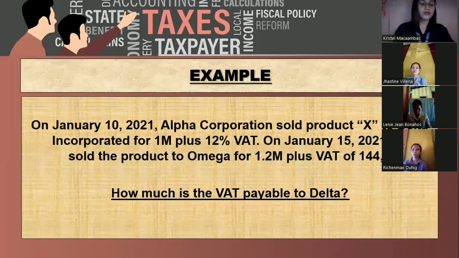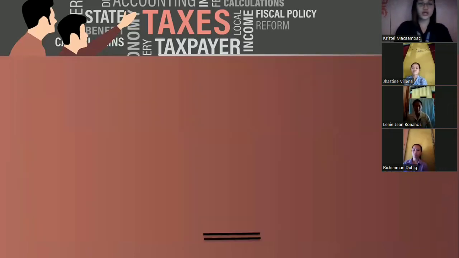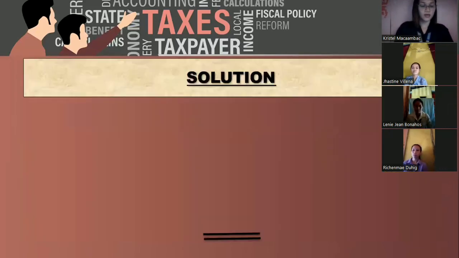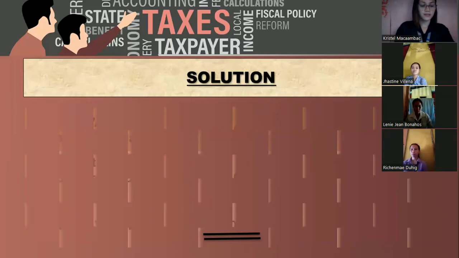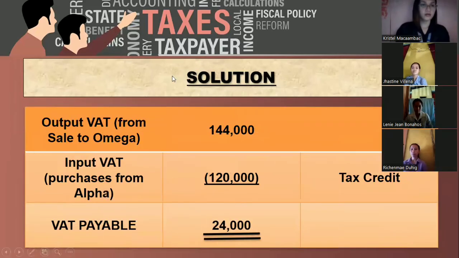Now the input VAT is the purchases. And here it says Alpha Corporation sold product X to Delta Corporation for 1 million plus 12% VAT. So Delta is the purchaser or the buyer. So 1 million multiplied by 12% is 120,000. So here's the solution.